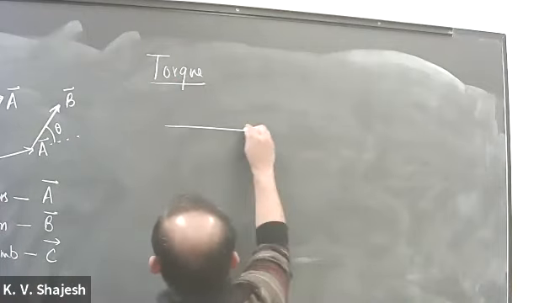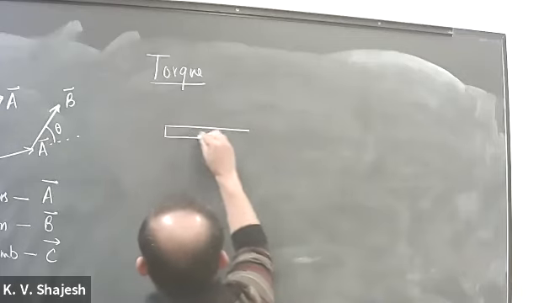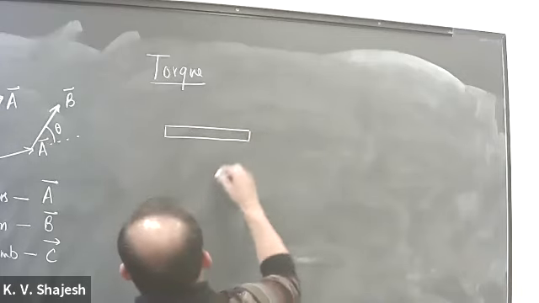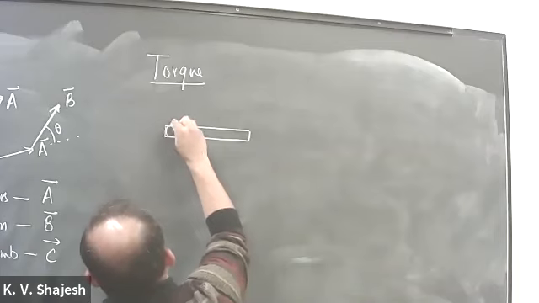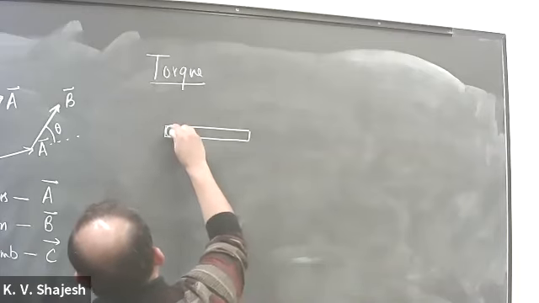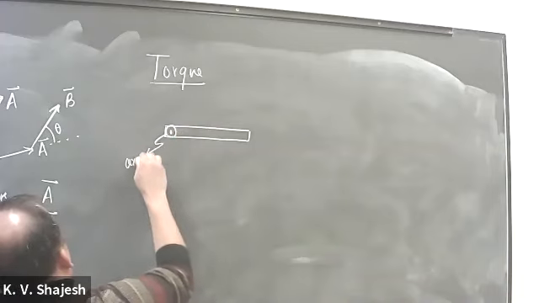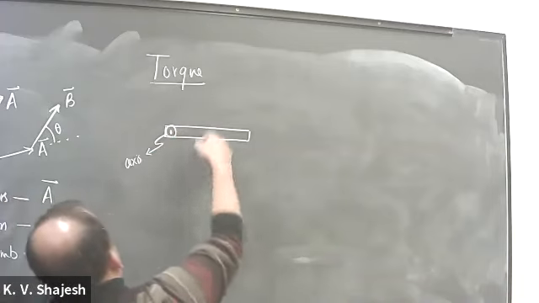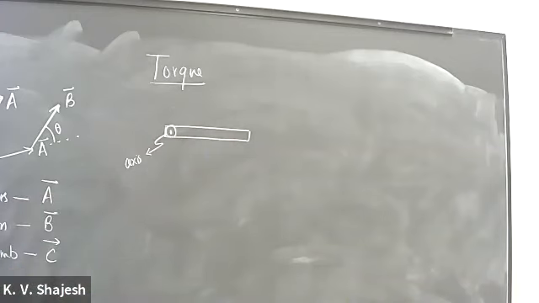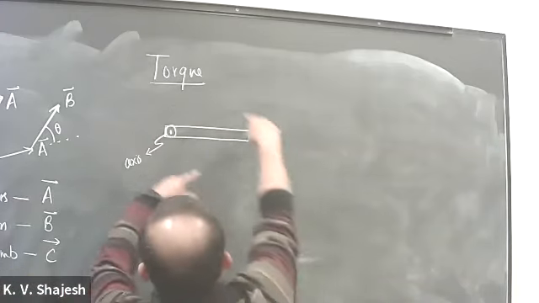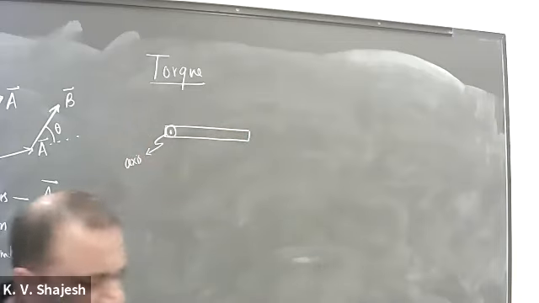So this is a door, a cross section of a door. Think of this as the axis of the door, and the door is free to move around about this axis. This is a top view of the door. It can rotate about the axis.